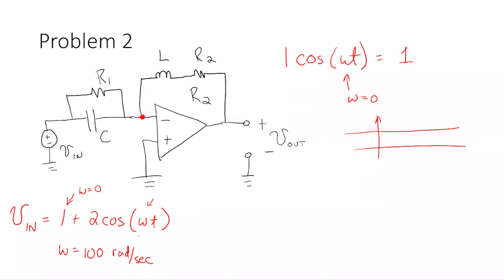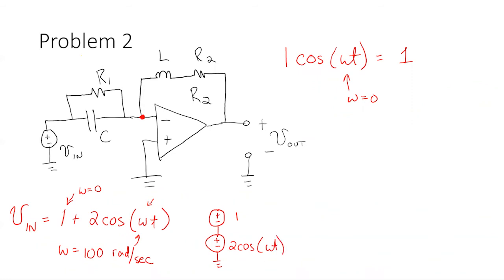Okay. So the thing that I think bothers people is that I can think of this Vn as two different voltage sources in series with each other. One of them is 1, and the other one is 2 cosine omega t. This type of problem, not with an op-amp, but this type of problem, is very likely to be on the exam, where I have superposition with sources at different frequencies.